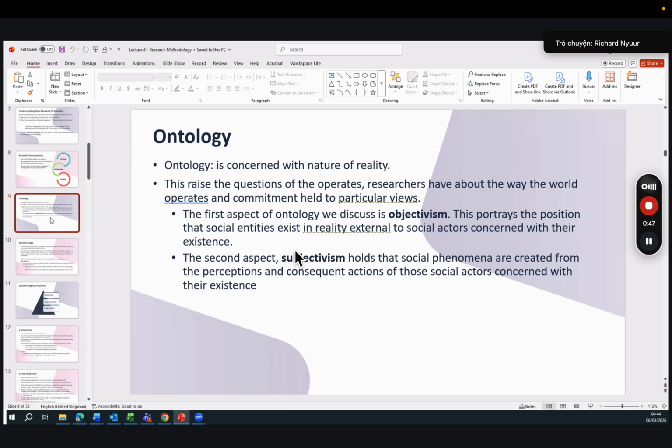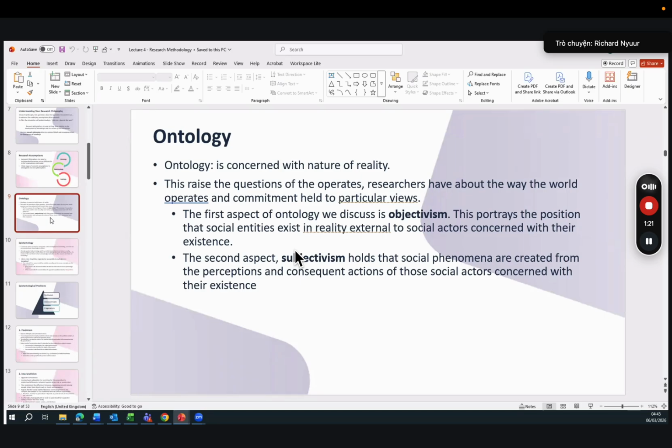The first aspect, which are always in two polar opposites. The first one is objective examination of a nature, objectivism. So it tends to suggest that social entities exist in reality external to social actors concerned with their existence.